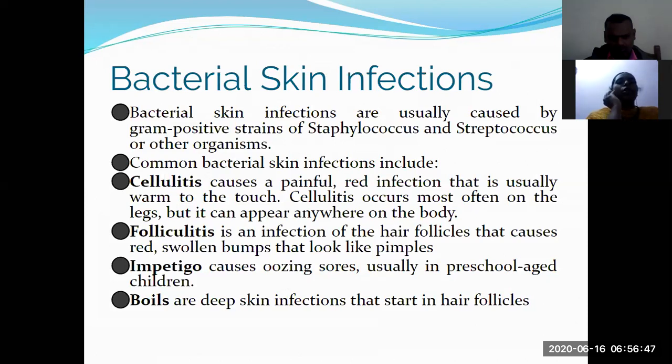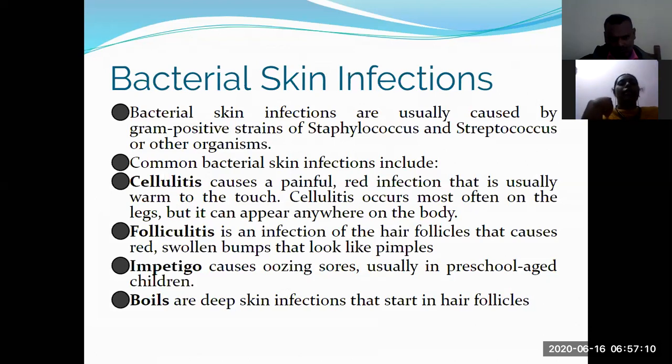Oozing sores, that is because of impetigo bacterial infection. Then boils are deep skin infections that start in the hair follicles. So these are all skin infections. By these symptoms, we can identify that there is a manifestation of some bacteria in our body.